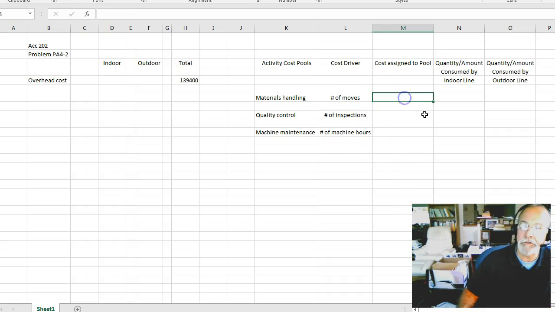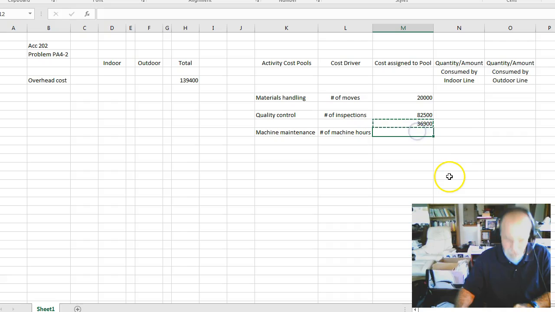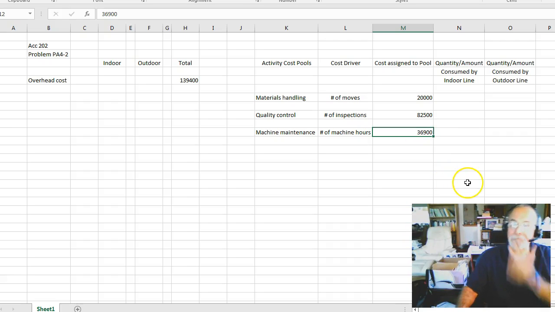Then in terms of costs assigned to pools, we have $20,000 for materials handling, $82,500 for quality control, and $36,900 for machine maintenance.